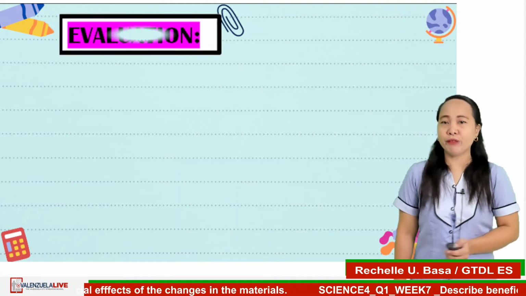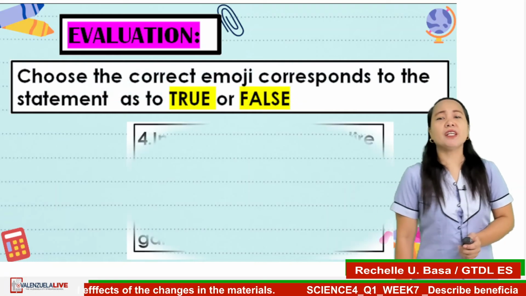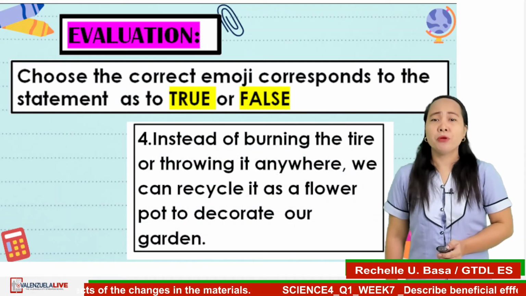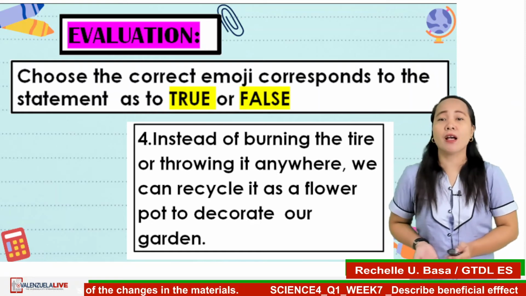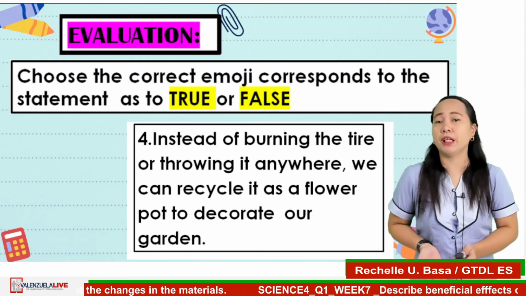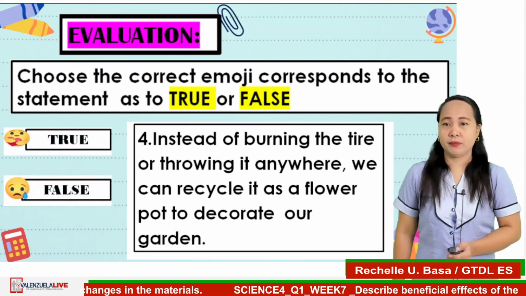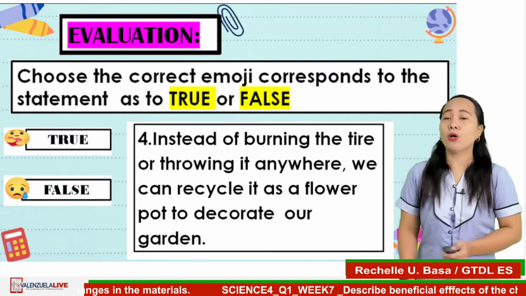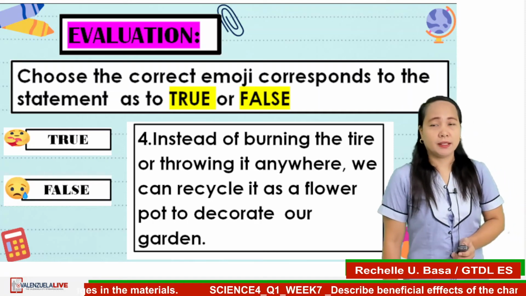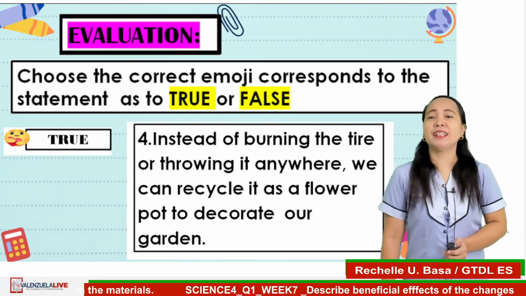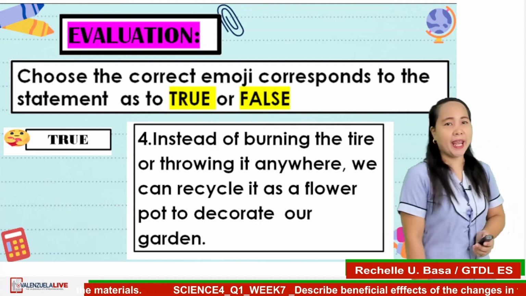Let's have number 4. Instead of burning tire or throwing it anywhere, we can recycle it as flower pot to decorate in our garden. True or false? Care icon or sad icon? Type it now. Very good. It's true or care icon.